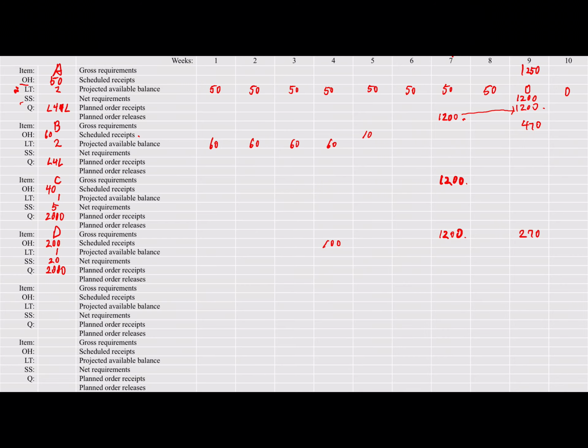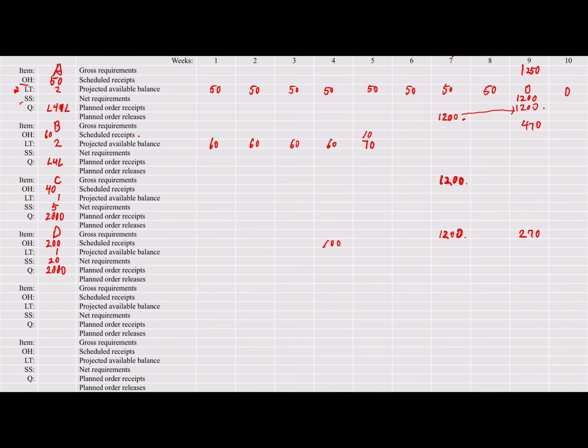In week 5, we have scheduled receipts, which means I get 10 more. The projected available balance will be 60 plus 10, because there's no requirement and we do not need to fill any order, so 70.